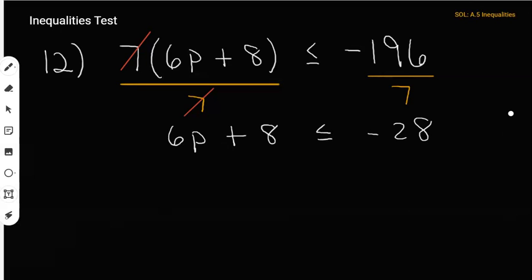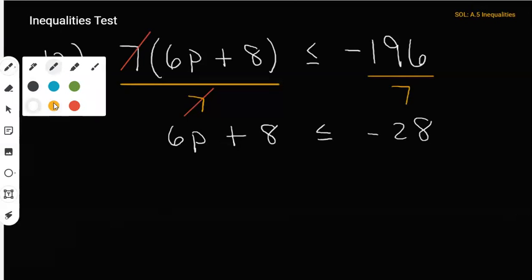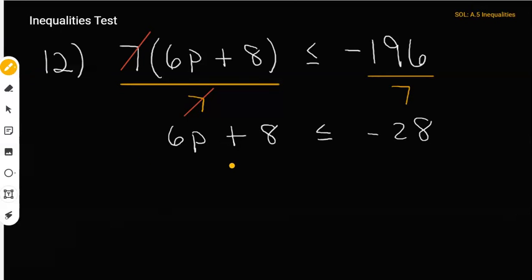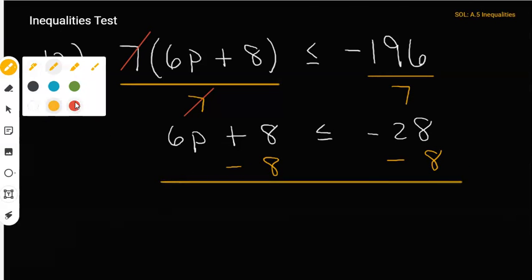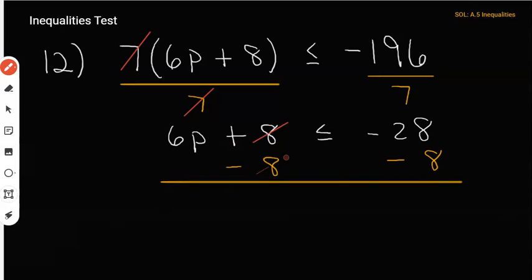Okay, so now to get the variable by itself, I got to do two things. I've got to get rid of this plus 8. How can I do that? Subtract. Yeah. We're going to subtract 8 from both sides. And what that's going to do is it's going to cause the 8s to get crossed out like that.